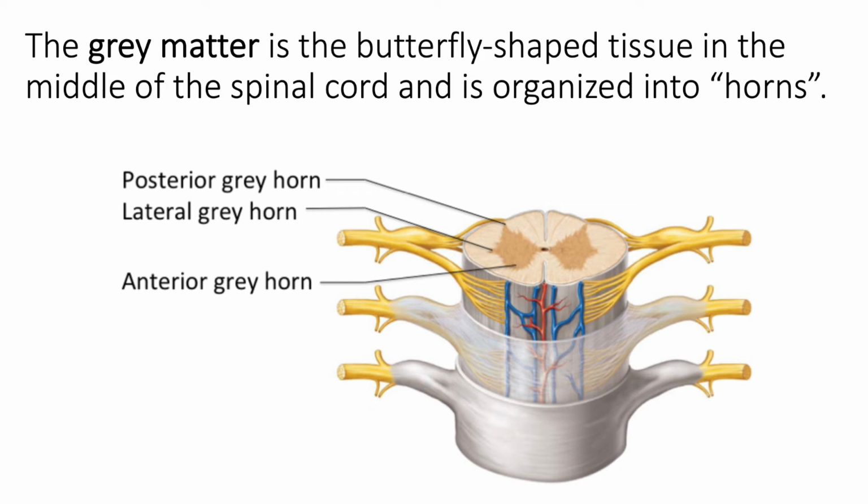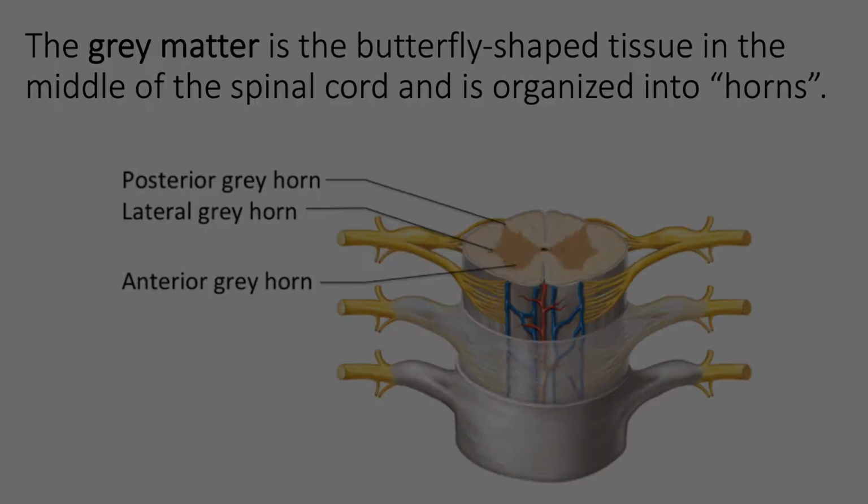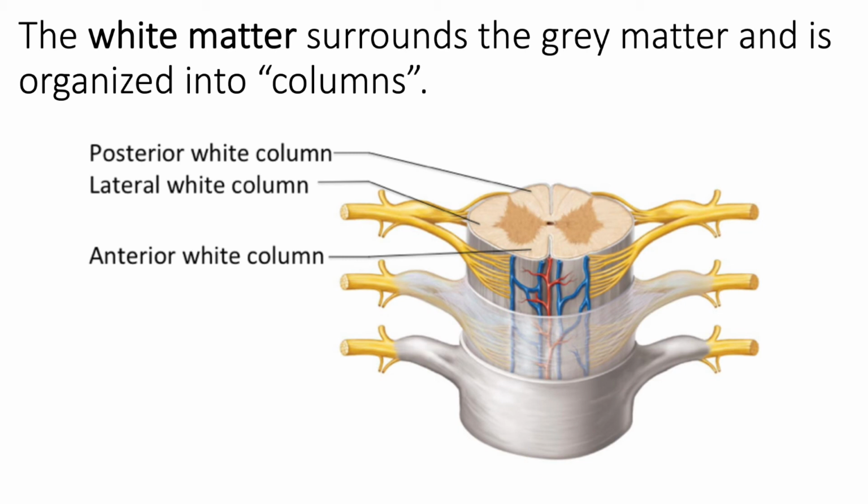Sort of poking out to the side is the lateral gray horn. And there's a right lateral gray horn and a left lateral gray horn. On the posterior side, you have the posterior gray horn, and there's a right posterior gray horn and a left posterior gray horn. All of the white matter surrounds that gray matter.